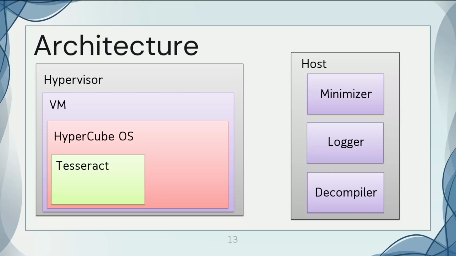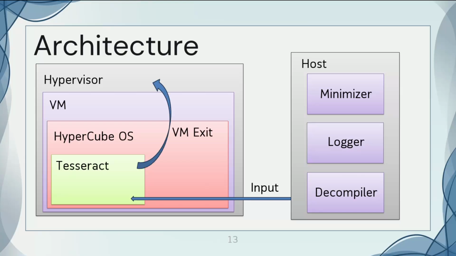So after all this architecture is set up, we have an input that is provided to Tesseract, and that is just a byte stream, and it will interpret this byte stream as a sequence of guest level operations. And if one of these operations requires privilege handling, the CPU triggers a VM exit that I was talking about earlier.